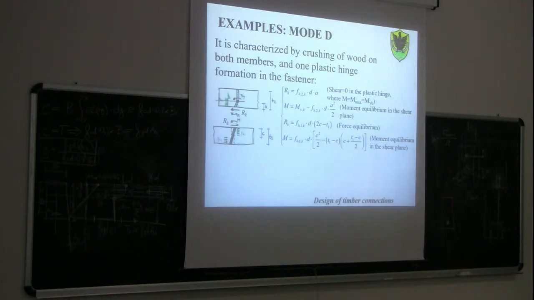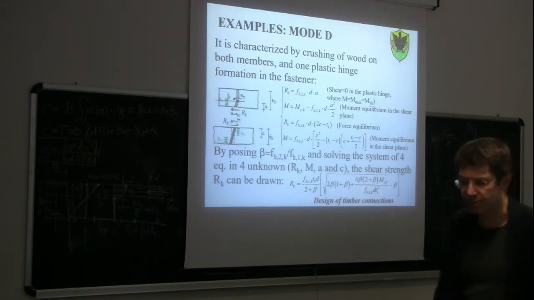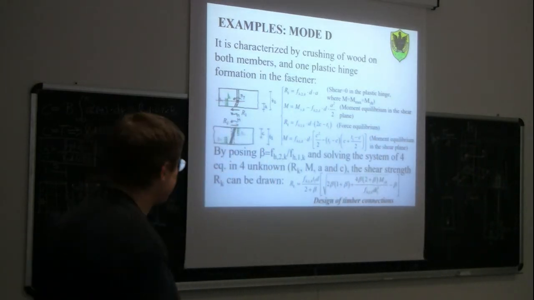If we solve this system, particularly if you assume that beta is the ratio between the two bending strengths of the two materials, we solve the system of equilibrium equations, and the shear strength that we obtain is given by this formula here. Okay? So this is the formula that provides us the strength using the lower bound theorem.